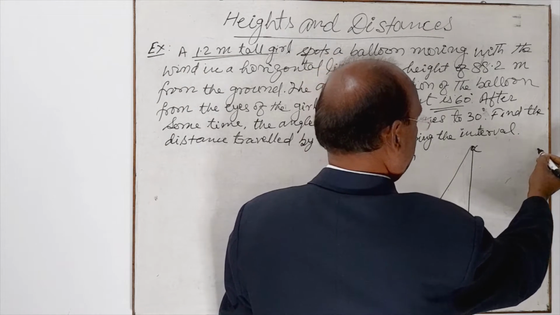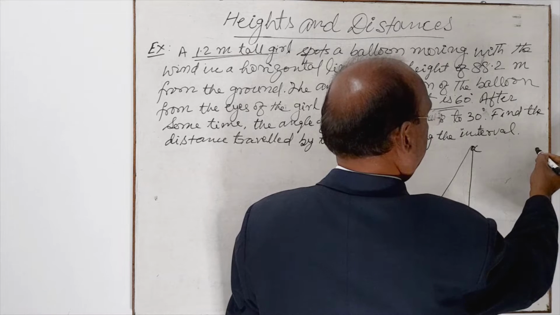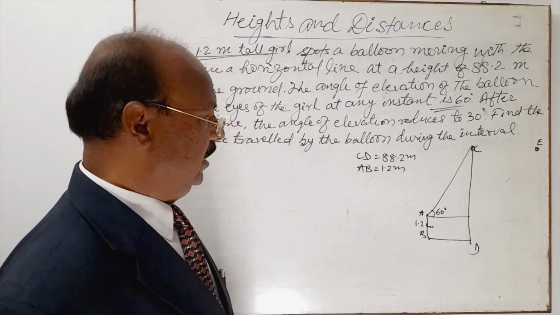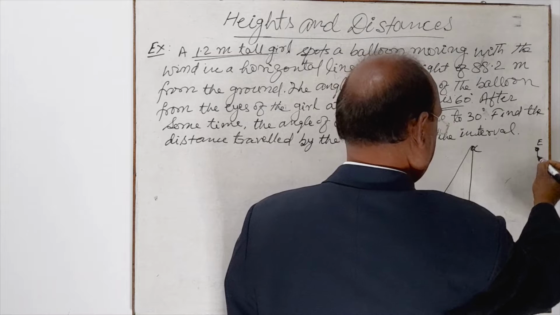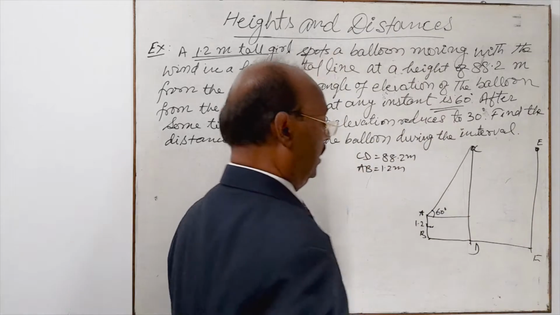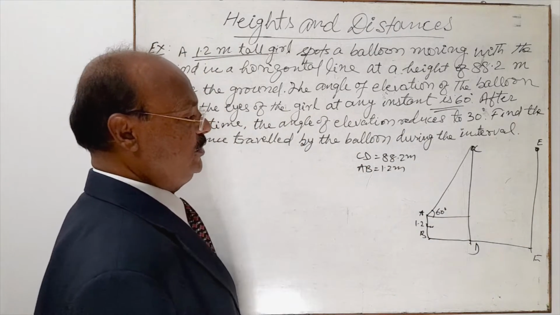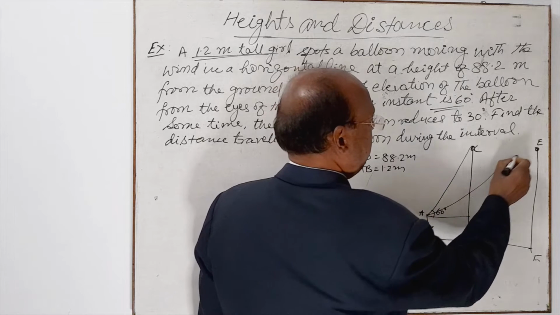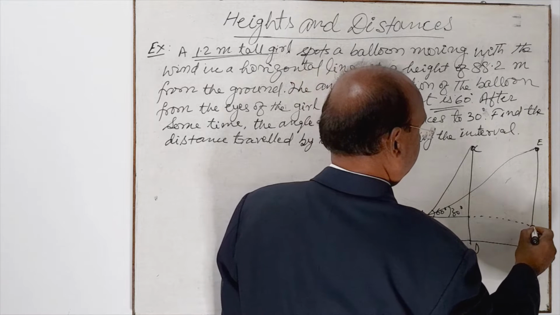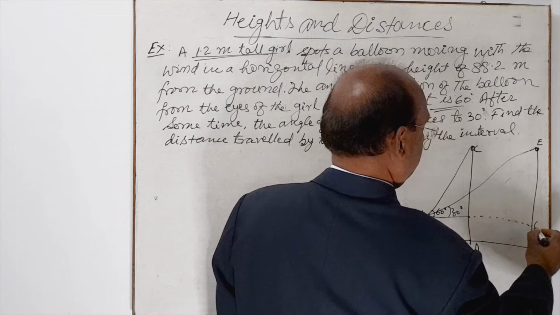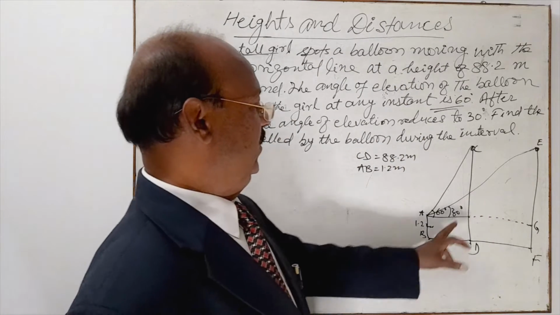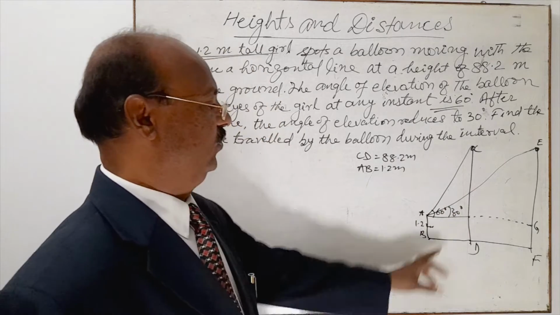After some time, suppose the balloon is here at any point E. Suppose EF is the height of the balloon, and the angle of elevation reduces to 30 degree. Means this angle is 30 degree. Let us write G here. So this angle is 30 degree, correct?